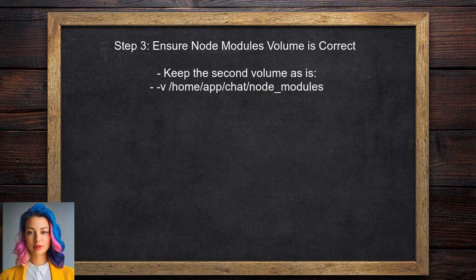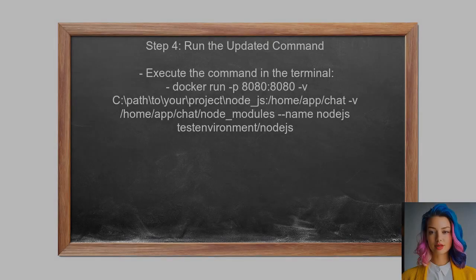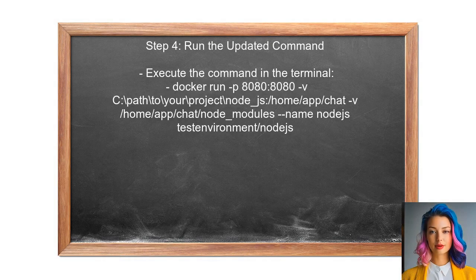Additionally, the user should ensure that the second volume, which is /home/chat/node_modules, is correctly set up. This path is typically used to avoid issues with node modules being overwritten. Finally, the user can run the updated command in their terminal. This should resolve the error and allow the Docker container to start successfully.